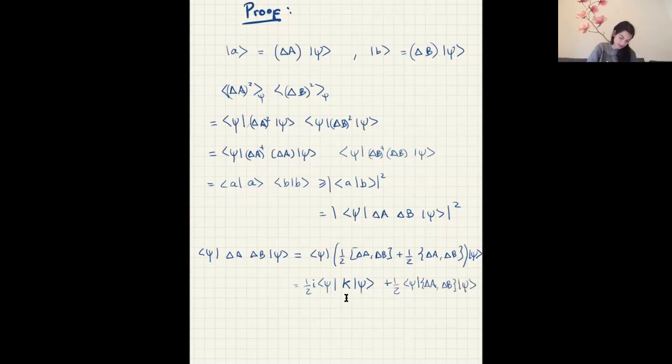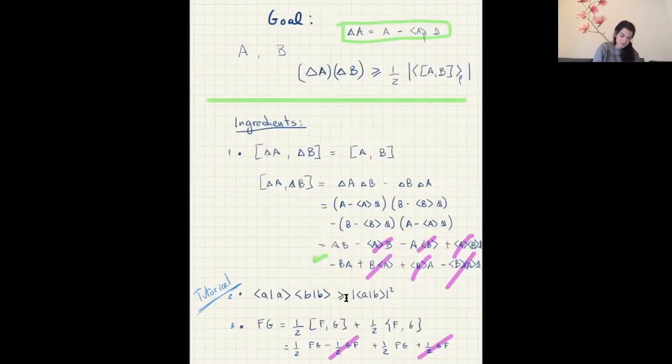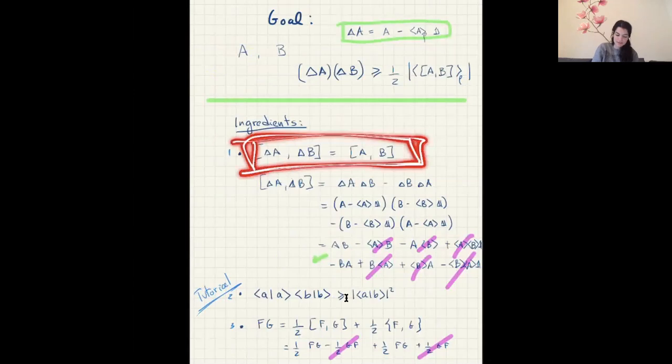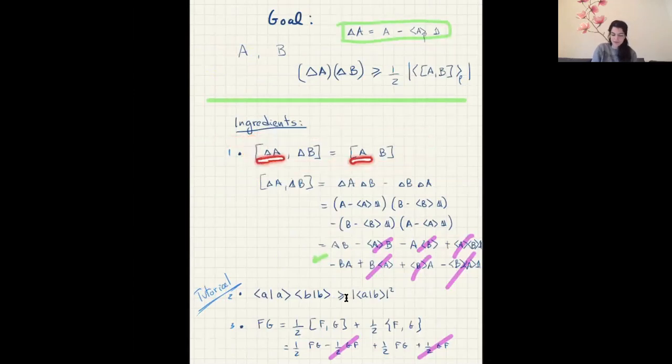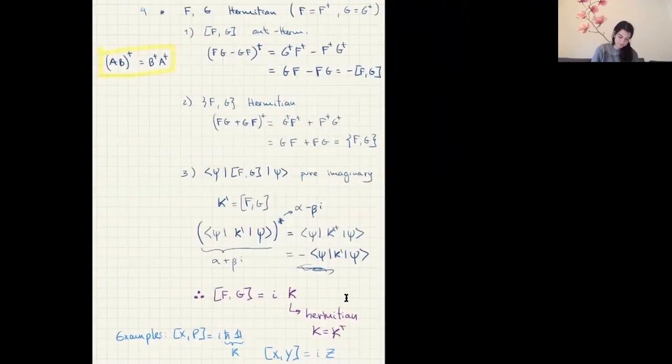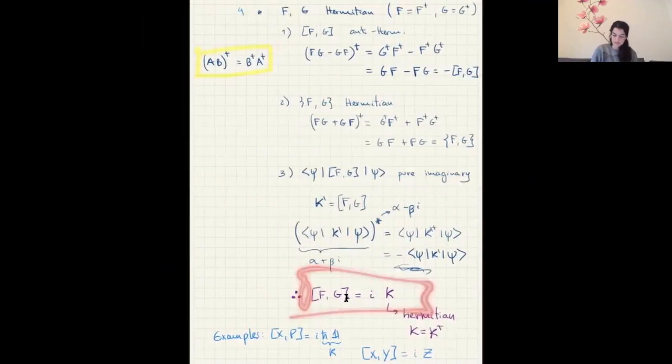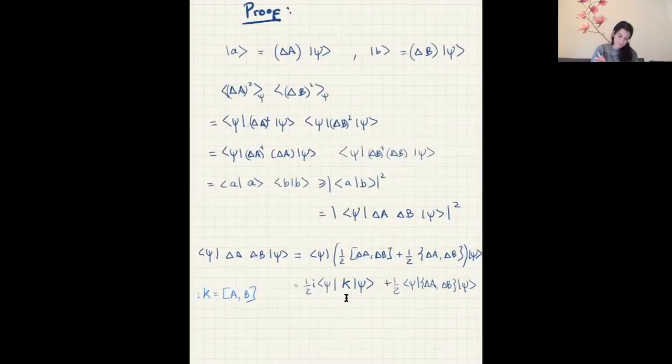Where here, remember that iK is the commutator of A and B, and we use this first ingredient, that the commutators are the same for the variances and for the original observables. And we know that K must be a Hermitian matrix. Okay, good.